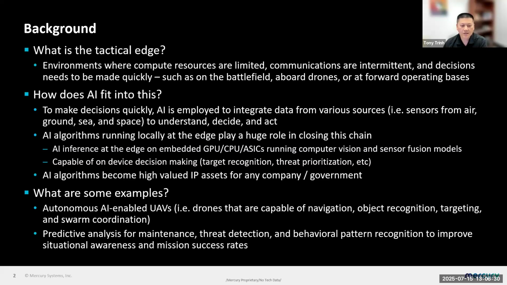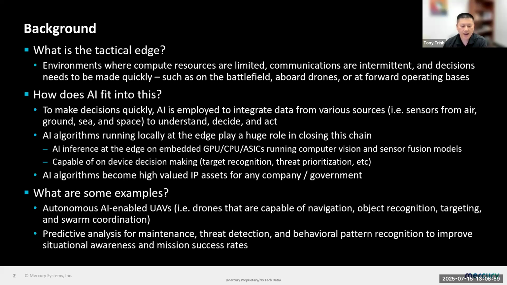And a lot of these edge platforms are commercial in nature. Things like GPUs, CPUs, and ASICs are running AI inference algorithms at the edge, so that it can do computer vision, sensor fusion models, and be capable of making active decisions on the target rather than sending data back to the ground or back to a battle center to make decisions, making those things more organic onto itself.